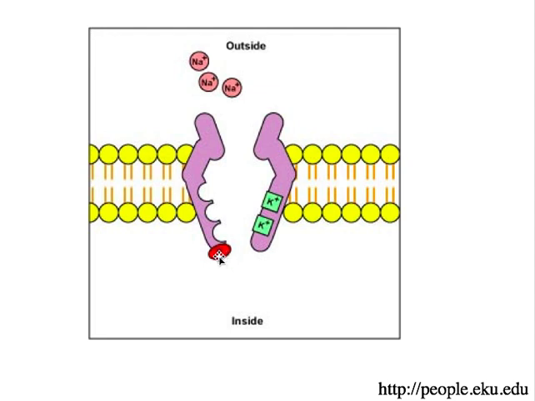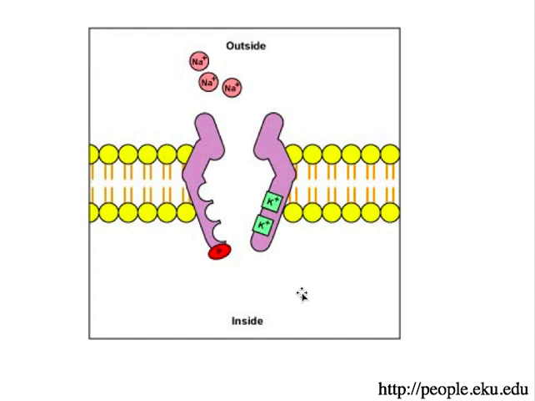When the phosphate binds, it gives off this exergonic reaction, so that it changes the configuration of the sodium potassium pump. It allows sodium ions to be pushed out of the cell. It allows potassium ions to be pushed into the cell, both against their concentration gradient. And that is why it is called a pump, and that is why ATP is required. That is why energy is required to allow this to happen.